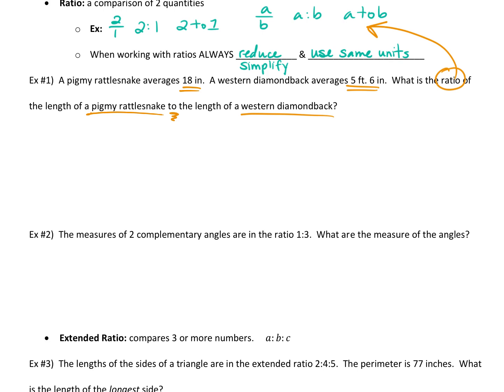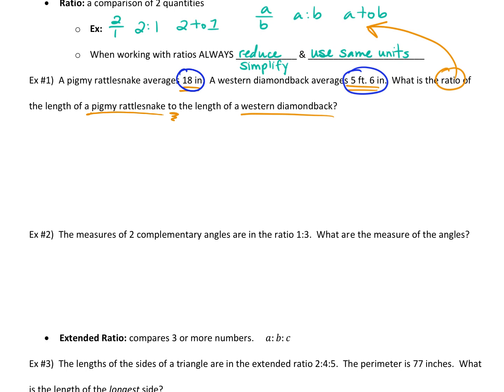Okay. So we have 18 inches. We have 5 feet, 6 inches. It would be easiest right now to convert everything to inches. Okay. You could do feet. What's 18 inches in feet? 1 foot 6 inches, which would be 1.5 feet, right?